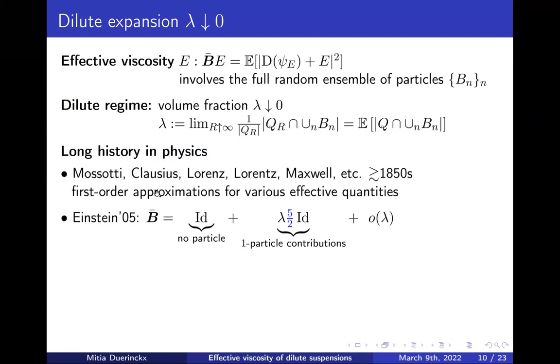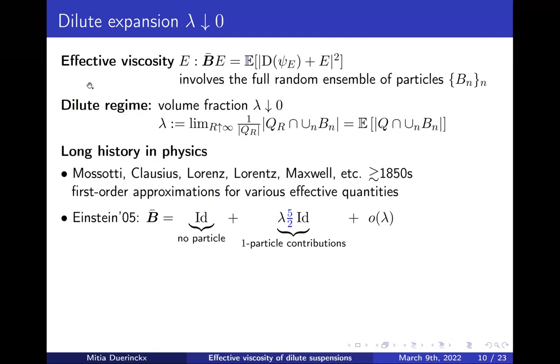What they noticed is that effective properties are typically, as we see here, very complicated to compute. It involves some kind of corrector and so on. But when you are in a dilute regime, you can compute first order approximations for effective properties, and those first order approximations are often explicit and can be very useful in physics.